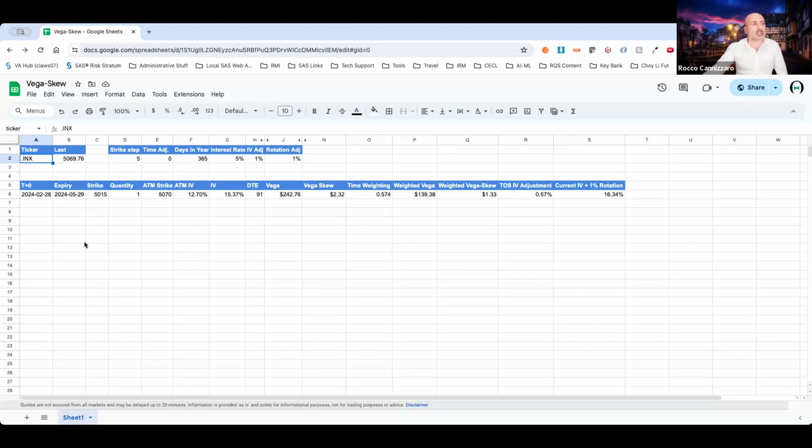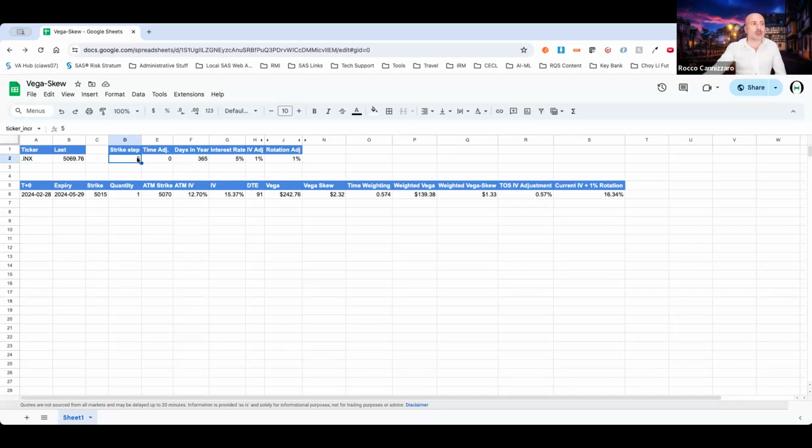So in this spreadsheet, this is a very simple one. Essentially, I specify what the ticker is, and this is going to use Google Finance to get the spot price of the particular index. So .INX is essentially the symbol for the SPX. Not sure why Google wants it this way, but that's how it's called in Google. You have a couple of parameters in here. You have the strike step.